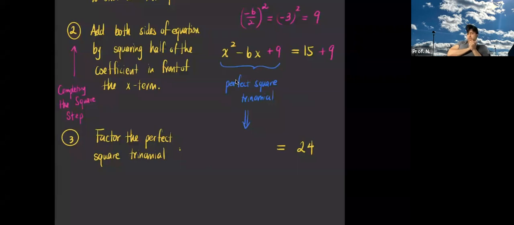My people, what is x squared minus 6x plus 9? What does that factor into? It should be immediate. What multiplies to 9?